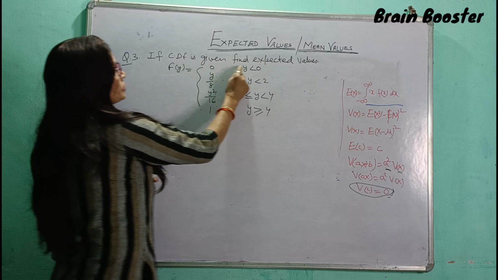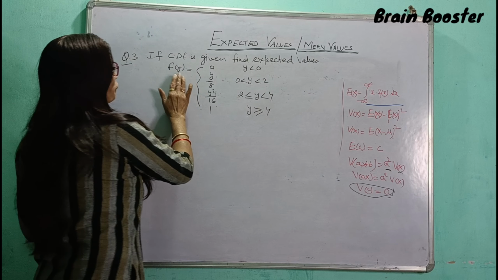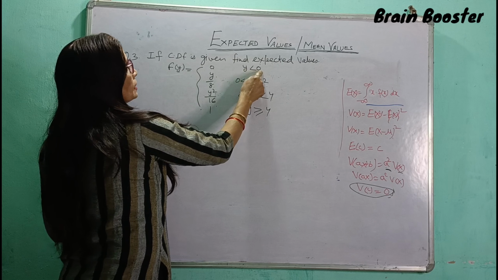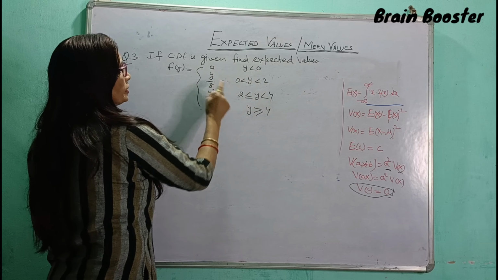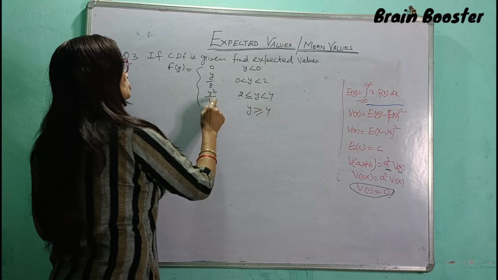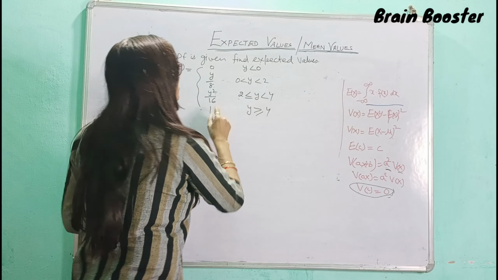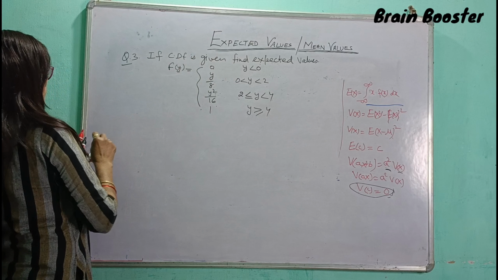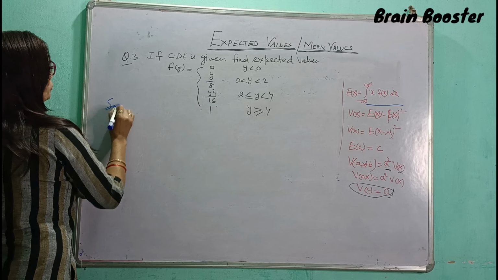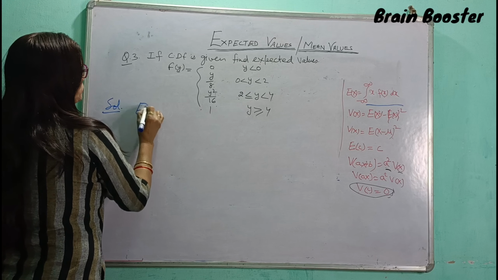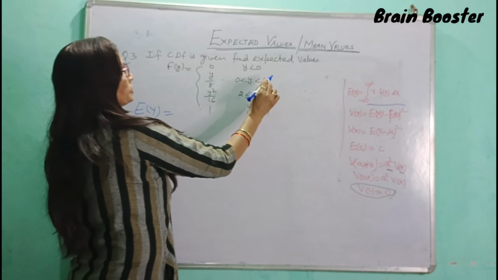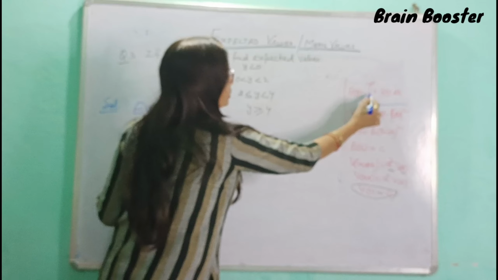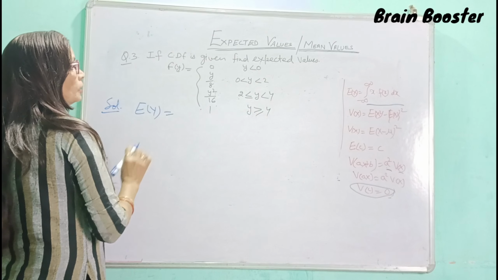Third question. If the CDF is given, find expected values. F(y) is given: for y less than 0 it is 0, for y between 0 to 2 it is y by 8, for y between 2 to 4 it is y square by 16, and for y greater than 4 it is 1, and you have to find the expected value. So for the solution, you have to find the expected value E(y), and for a continuous random variable its formula is this.